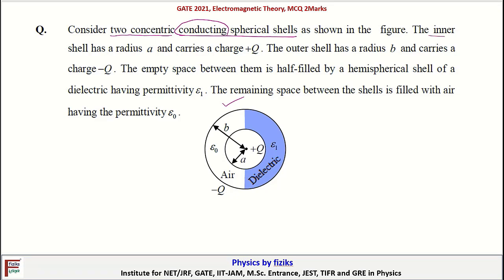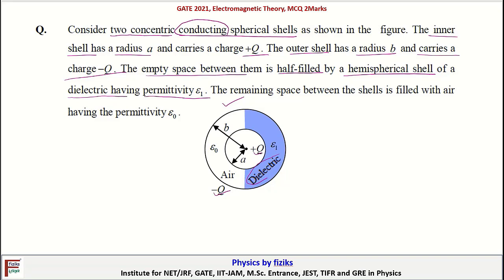The inner shell that has radius A carries charge plus Q. And the outer shell of radius B carries a charge minus Q. The empty space between them, half is filled by a hemispherical shell of a dielectric having permittivity of epsilon 1.